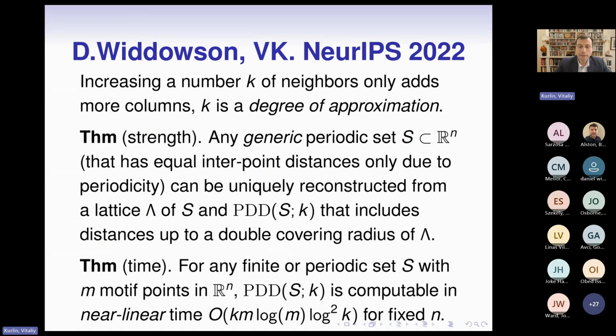Okay, so the main results, the strongest results about this pointwise distance distribution are the following. First of all, we don't consider this k, the number of neighbors, even as a parameter. We consider it as a degree of approximation, because k simply measures how many distances to neighbors we put down into our distribution. If we increase k, all distances originally computed remain the same.